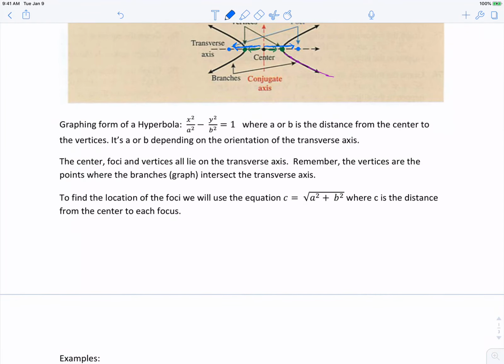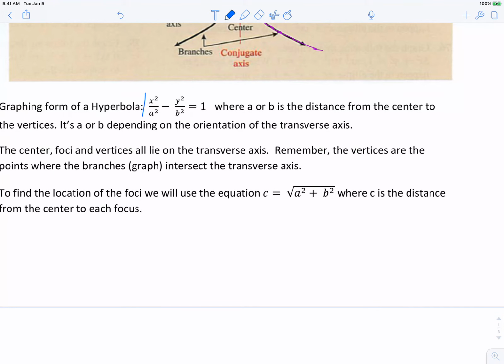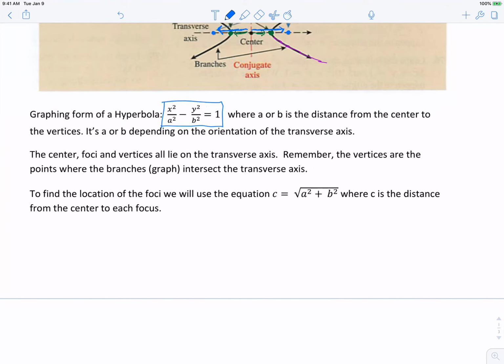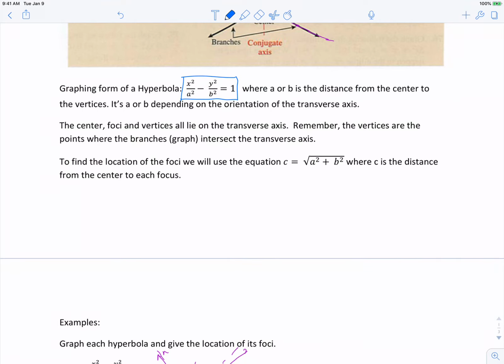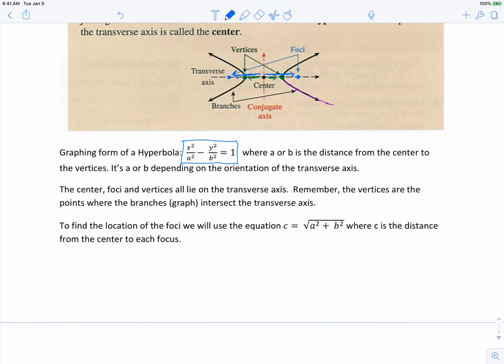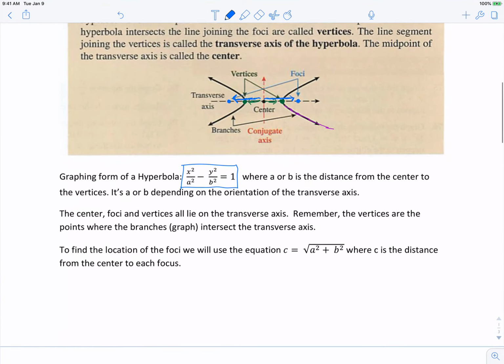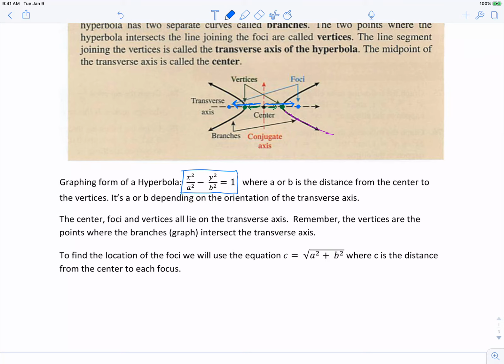All right, so we've already discussed, here's the graphing form of the hyperbola. A and B is the distance from the center to the vertices. It's A or B depending on the orientation of the transverse axis. So again, we'll talk about how we decide. The branches can go like how they are now, where the transverse axis is horizontal, or it could be vertical, and then the branches would look like this.